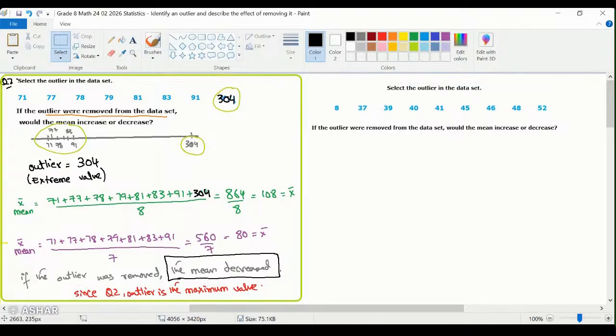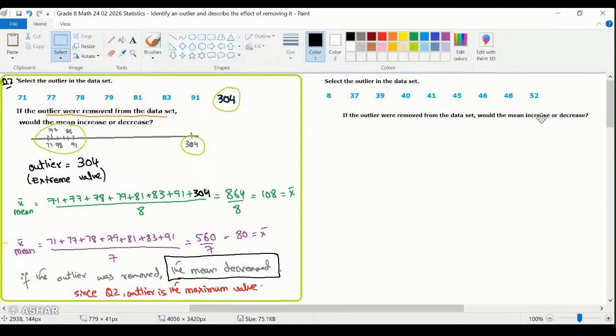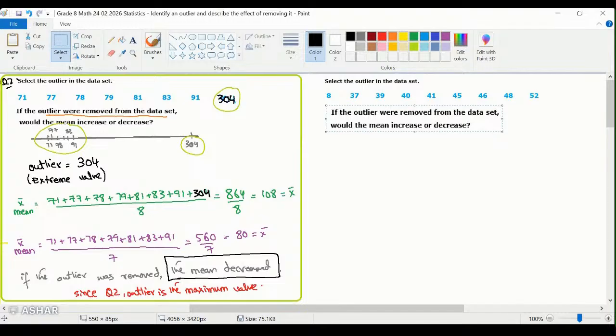What they are saying in question number 3 is, this information has been provided to us and we need to see what effect it would have on the mean if the outlier was to be removed, right? They're asking about the mean only. So question number 3 states that these were the numbers given to us.